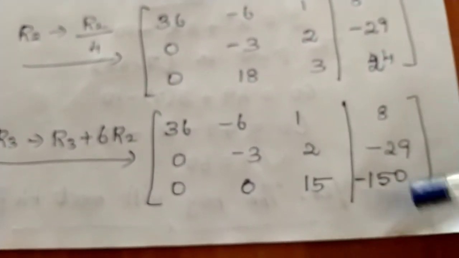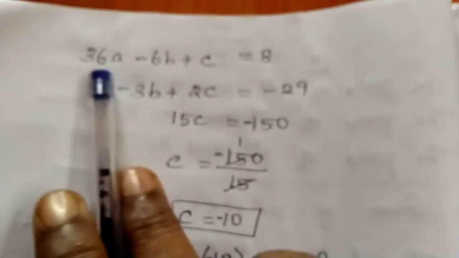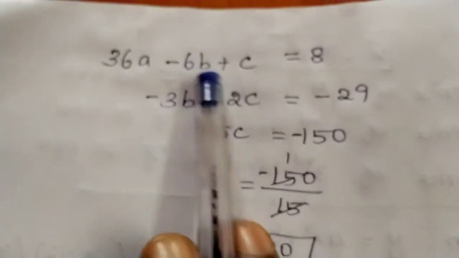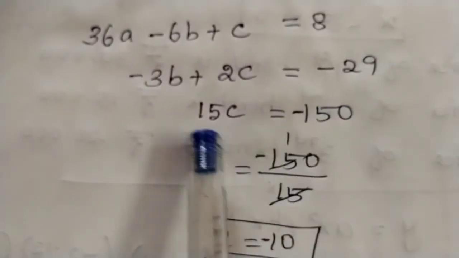Simplify, we get 0, 0, 15, minus 150. Now we get echelon form, triangular form. Now the equation is 36a minus 6b plus c equal to 8, minus 3b plus 2c equal to minus 29, 15c equal to minus 150.